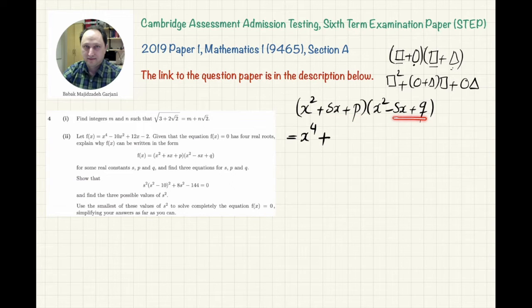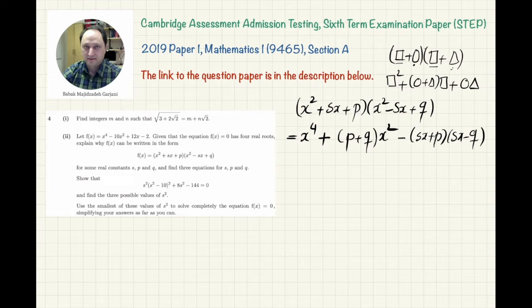But when I add these two terms, sx and minus sx are gone, so I am left with p plus q, and I have to multiply it by x squared. And finally, I have to multiply this term and that term. Here I can factor a minus sign out, so it becomes minus sx plus p, sx minus q.